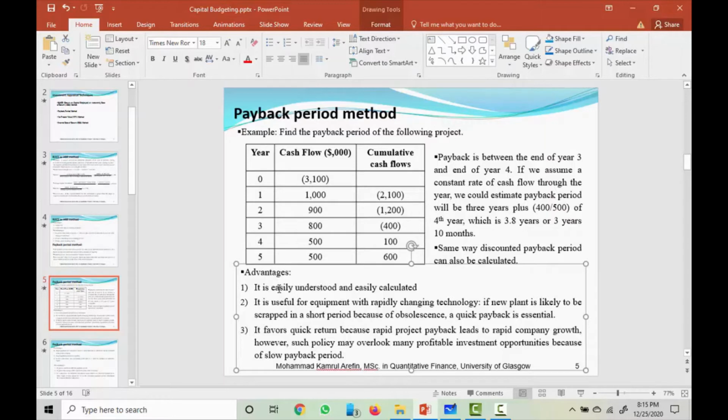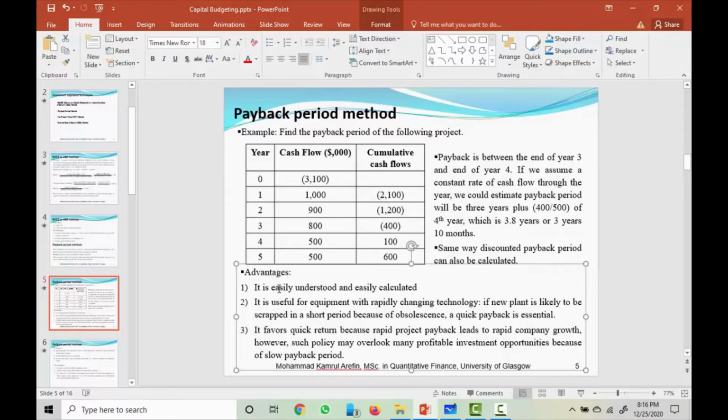Similarly, if a person starts a tea stall business and needs to invest 50,000 taka to open a tea stall, he or she wants to find out how long it will take to get the 50,000 taka back.